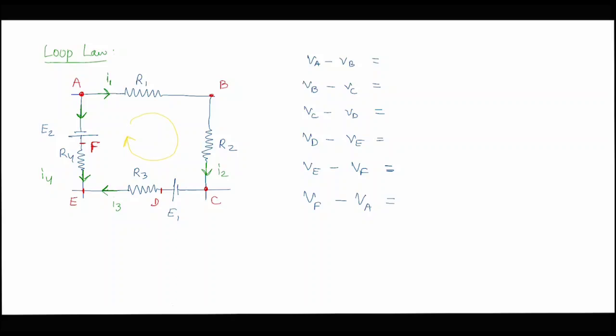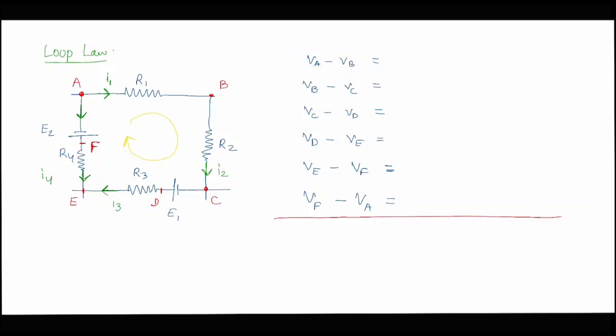If we apply Ohm's law a number of times in the circuit so that we reach back to the original point, that is the algebraic sum of all the potential differences along a closed loop, we are already getting the value equal to 0 on the left hand side. All these potentials will cancel each other out.